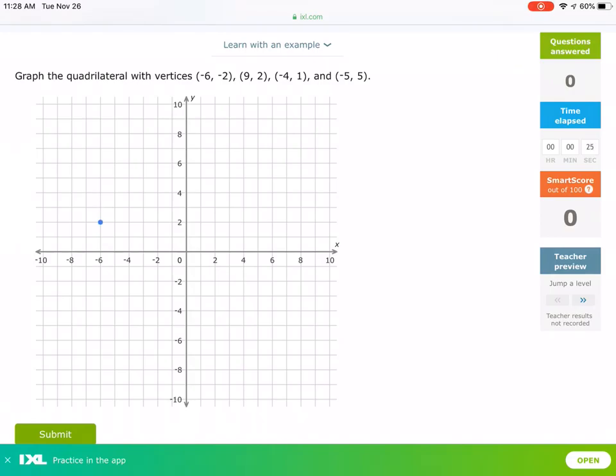And then you skip over to -4, 1, which is right here. And then you go back and do 9, 2. And then you do -5, 5. That worked out perfectly.